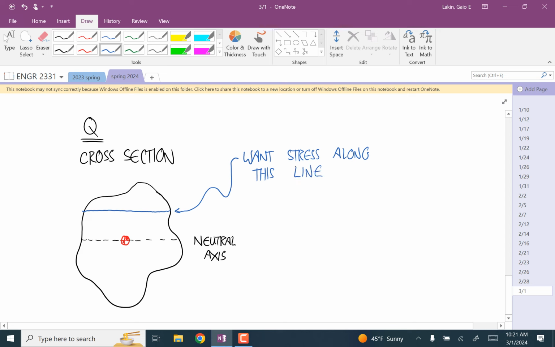Then calculate the area above that line. Find the centroid of the area above that line.